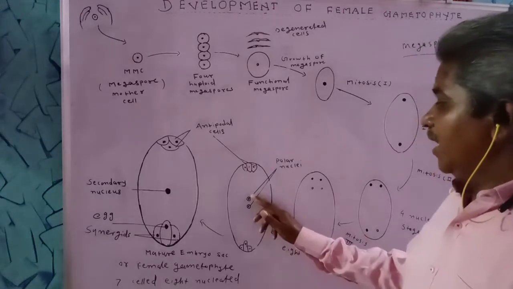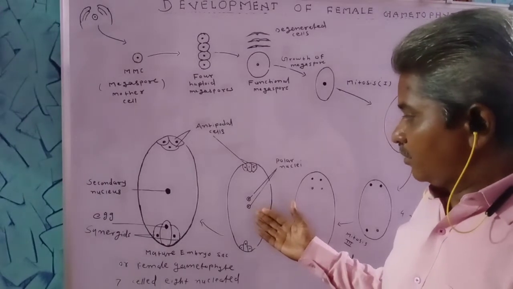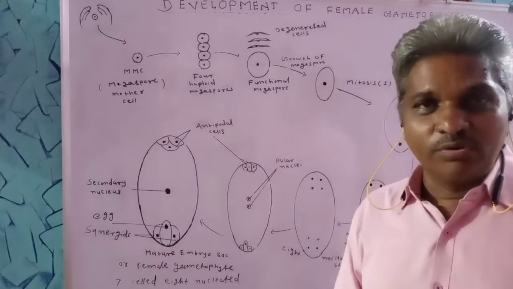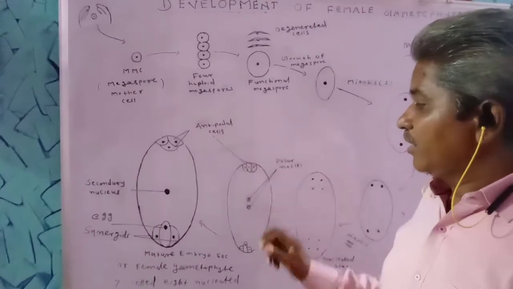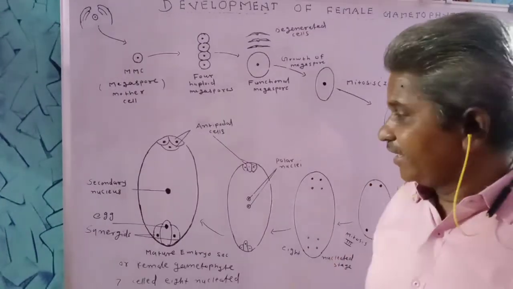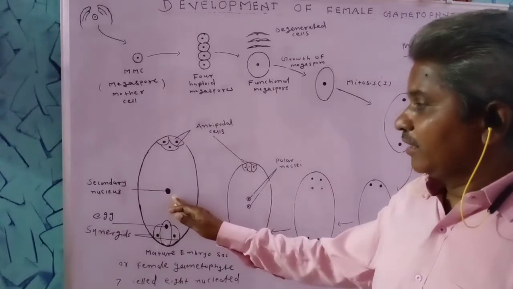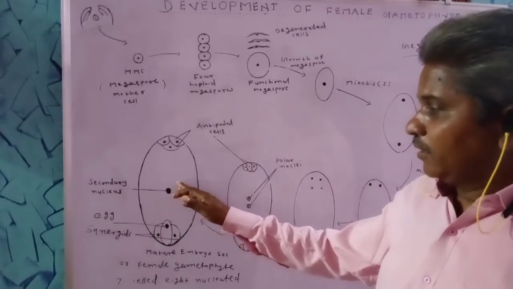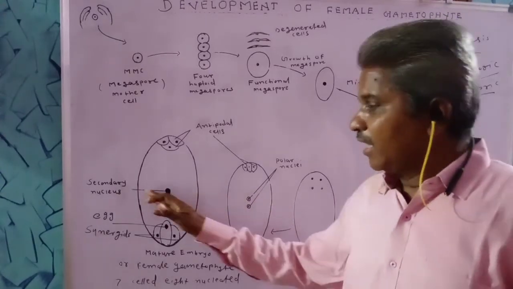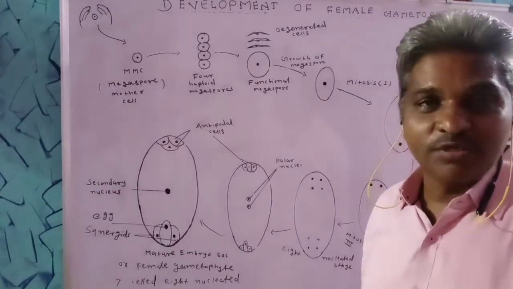Later, during the developmental stage of the female gametophyte, these two nuclei fuse with each other and result in a secondary nucleus, which is diploid, pre-fertilization. Before fertilization, this fusion of polars occurs, and this diploid secondary nucleus is formed.